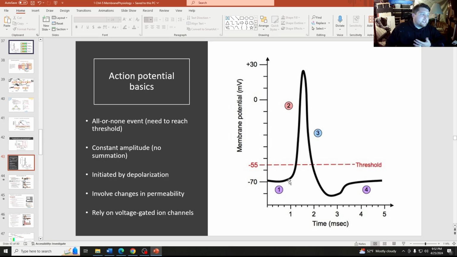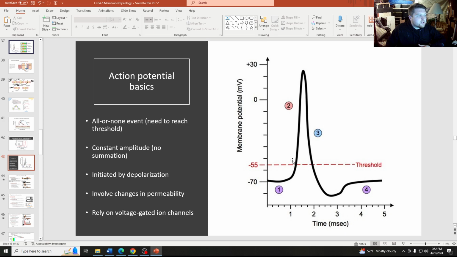We can have a stimulus that's going to cause change in the membrane potential. Certain actions, movements, stimulations are going to cause what's known as depolarization, which is things going from negative to positive.